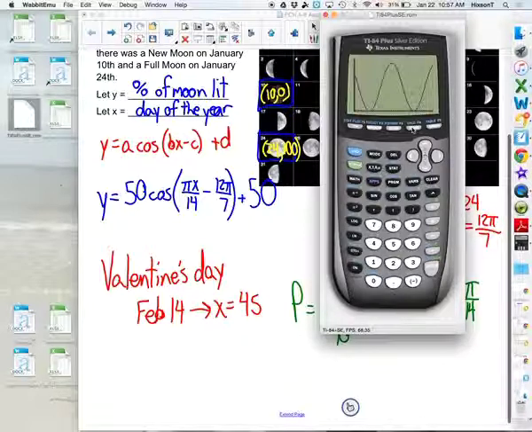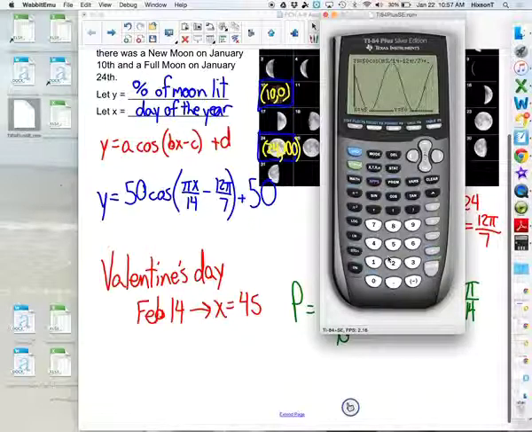If you want to evaluate for x equals 45, hit trace, type in 45 and hit enter. And y equals 50. So it's a half moon. This year it'll be about a half moon on Valentine's Day.